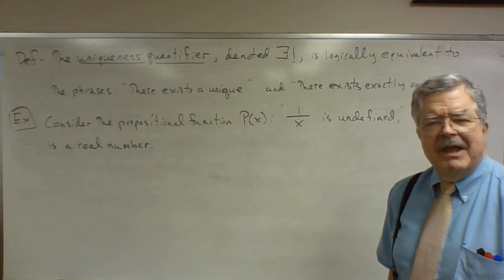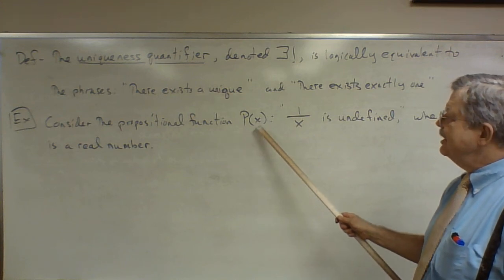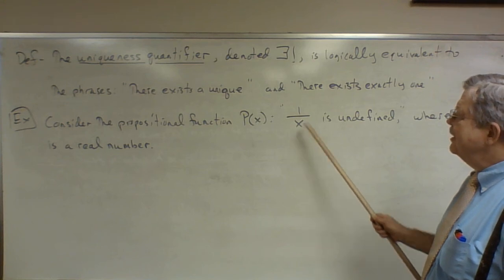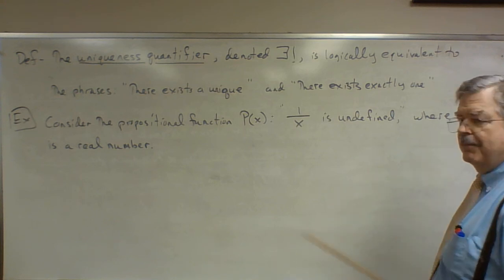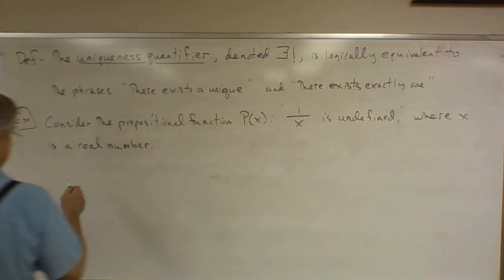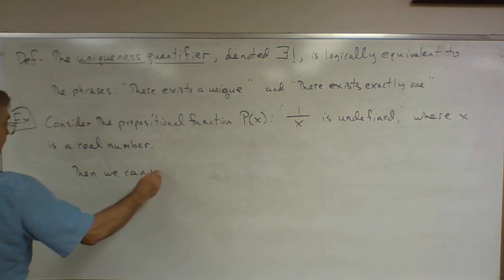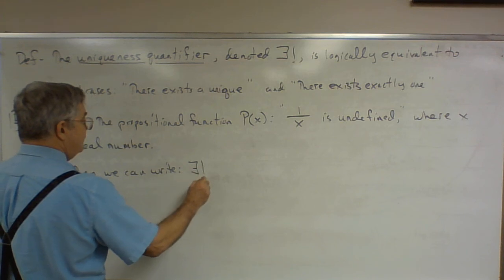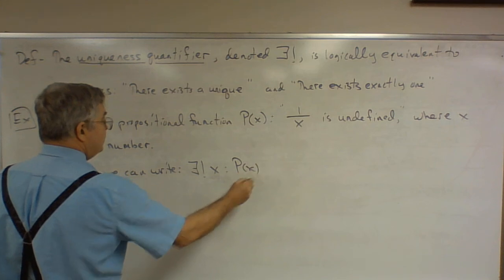And just to give an example where this would fit in, let's consider the propositional function p of x, where the proposition is 1 over x is undefined, and x is a real number. Then we can write there exists a unique x such that p of x is true.